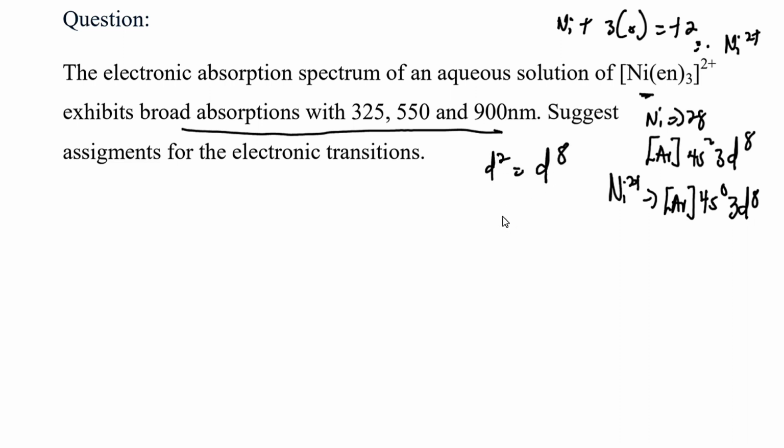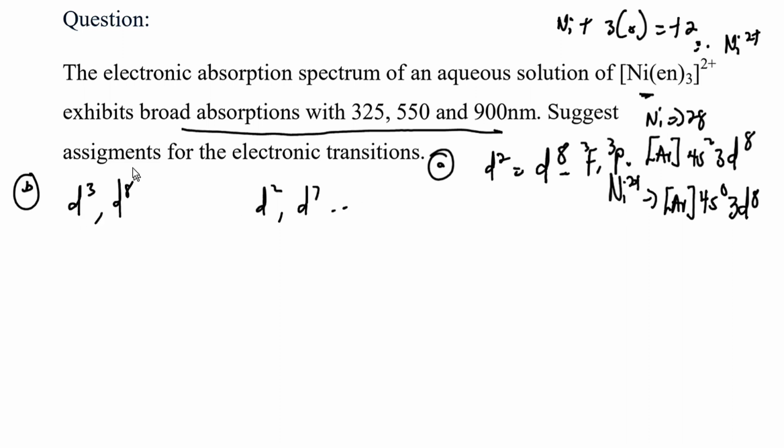And recall they have the same term symbols of 3F and 3P. Also recall from the crystal field concept, they have different splitting patterns. So we can say D2, D7, and D3, D8. In the Orgel diagram, let's try to draw it here.